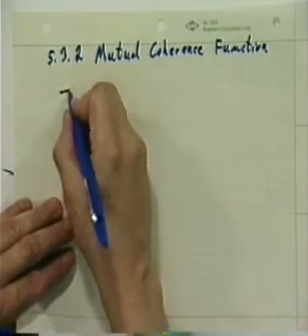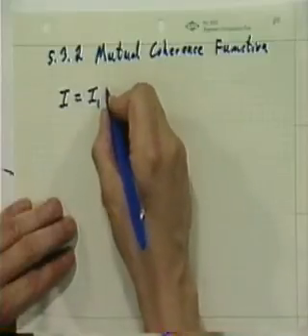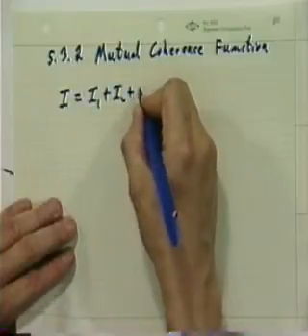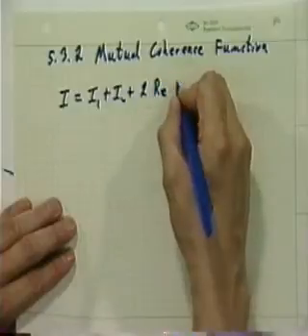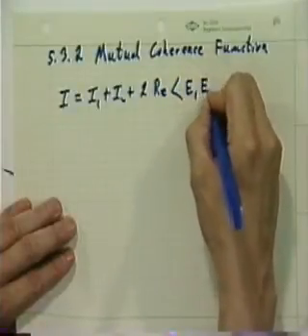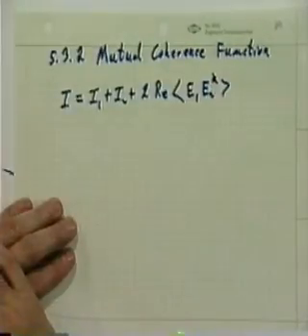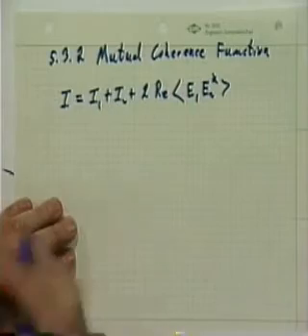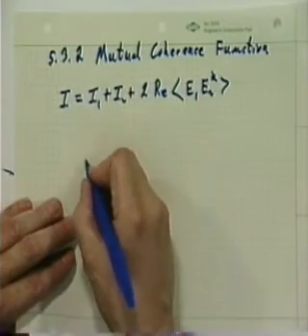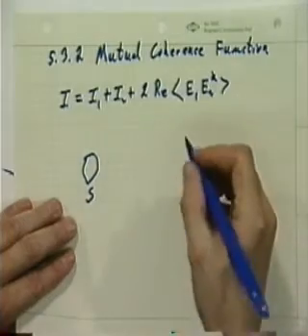And so going back here, we're no longer assuming that they're perfectly coherent. So we have I as I1 plus I2 plus 2 times the real part of E1, E2 complex conjugate. As we sketched before, we have some source here. Don't know anything about the source right now.